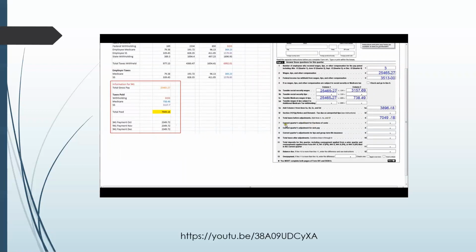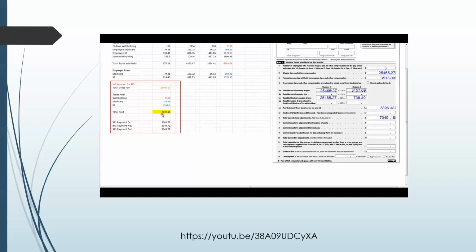Now, line 7 says current quarter's adjustment for fractions of cents. And this is where we notice that our numbers did not exactly match the numbers on the spreadsheet. So here's where we're going to make up for that.